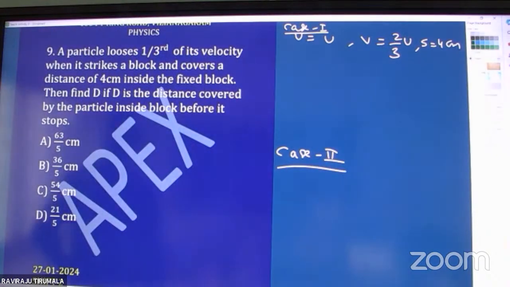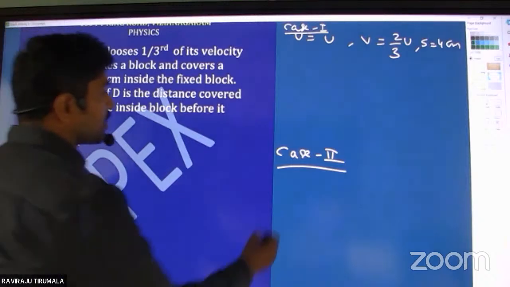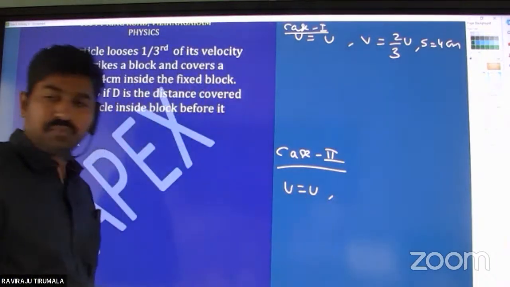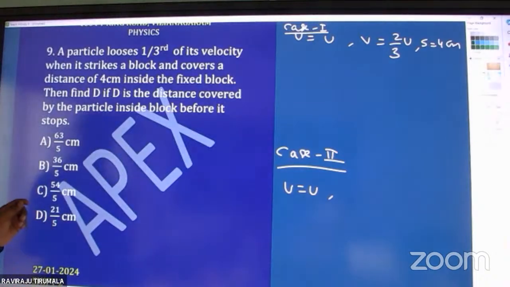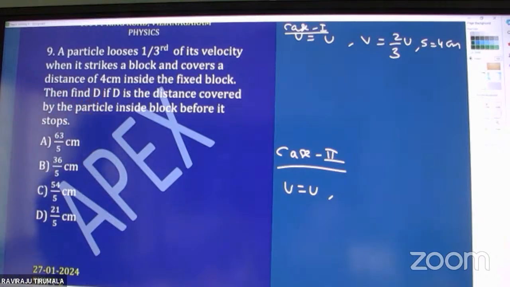And for the second case, what is the question? Distance covered before it stops. What is the initial velocity here? u. Of course, 2u/3. But the information is not given clearly because these questions are collected from students who have written the examination. This is not the direct question paper from NTA, so some information may be missed here.